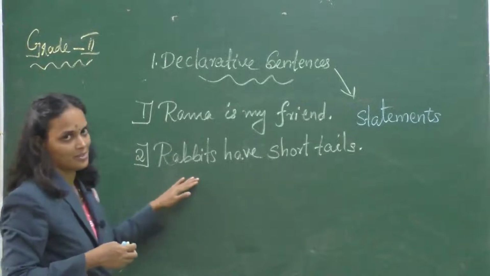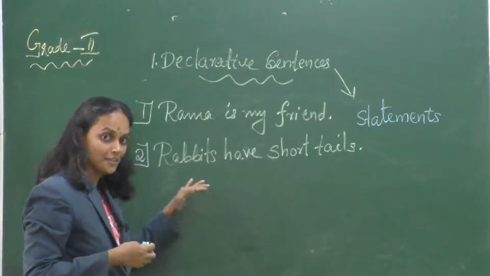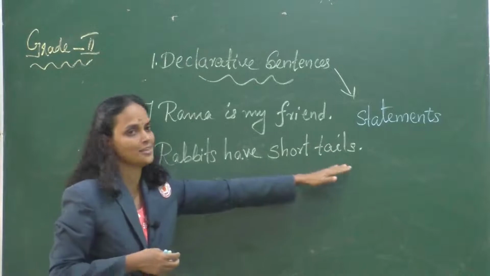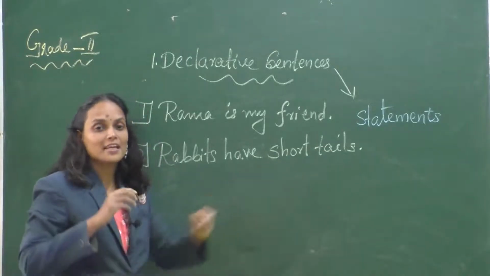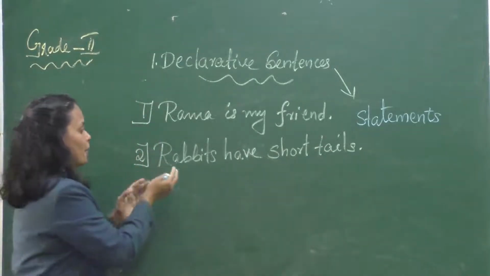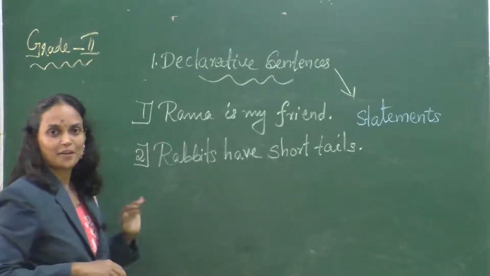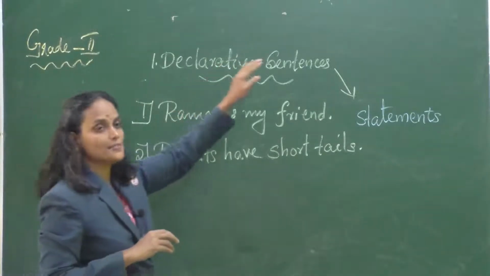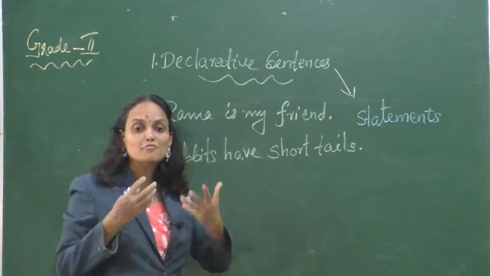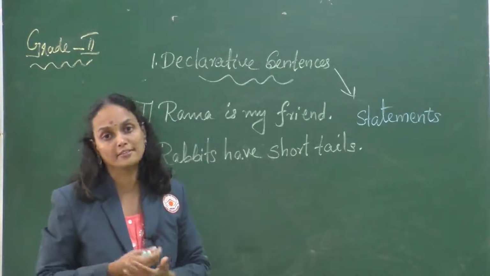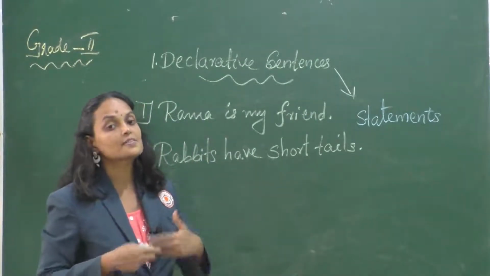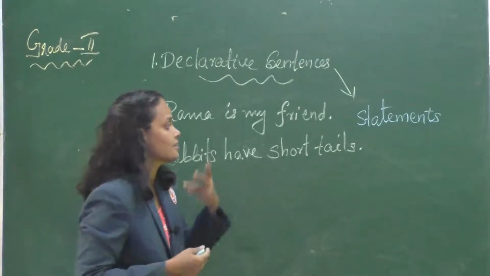Second one, rabbit. This sentence talks about rabbits. Rabbits have short tails. This sentence gives some information about the noun rabbits. So let's say declarative sentences give us some information about the noun given there. They give statements. They state something.